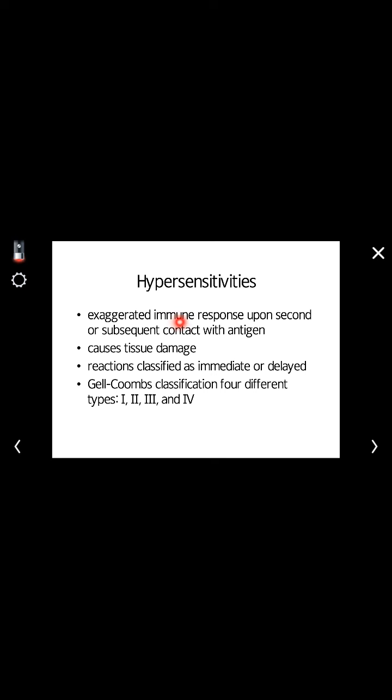Hypersensitivities are an exaggerated immune response upon second or subsequent contact with an antigen, so you have too much of an immune response. You might have too much inflammation, so there's a high chance that people can mount a response to snake venom all the time.